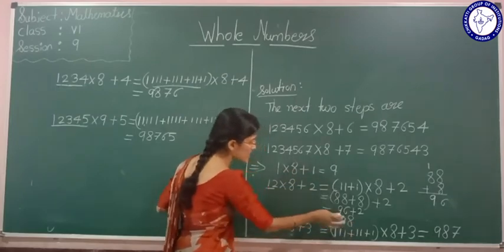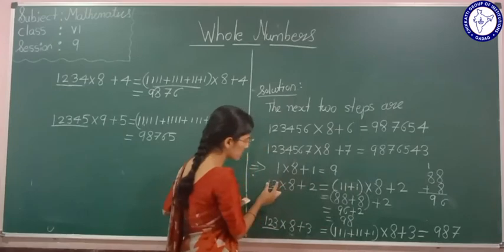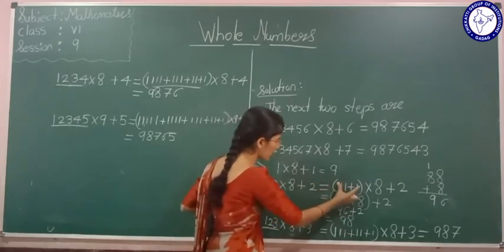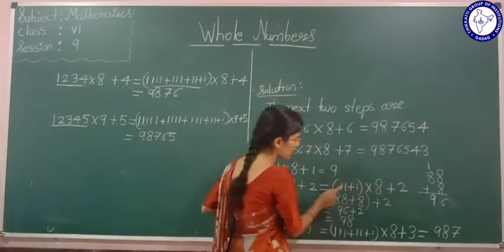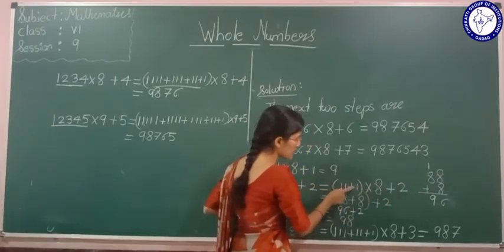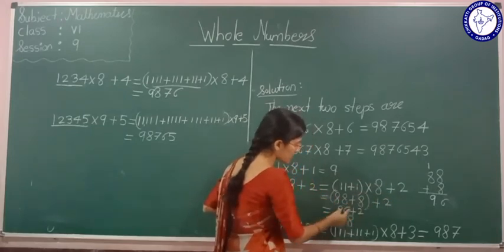How does this 98 come? This 12 can be written as 11 plus 1. 11 plus 1 multiplied by 8 plus 2: 11 eights are 88, plus 1 eight is 8, plus 2. 88 plus 8 is 96. 96 plus 2 is 98.